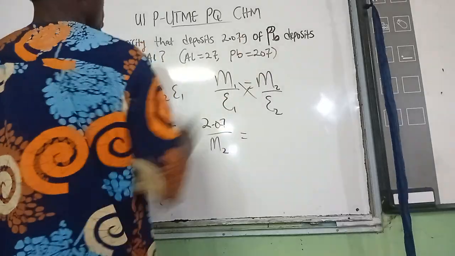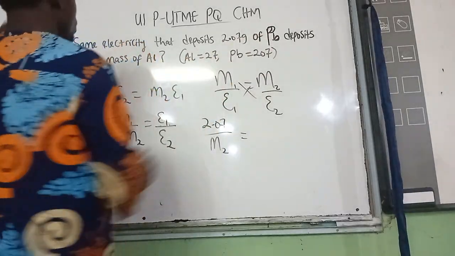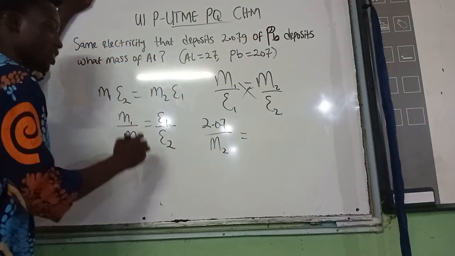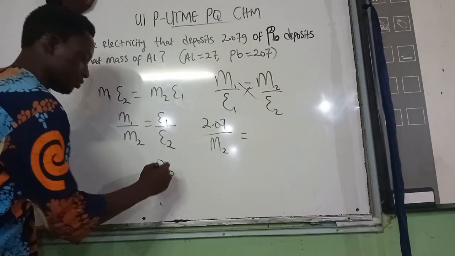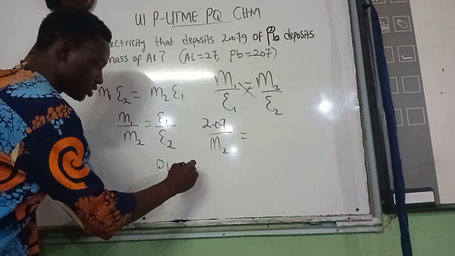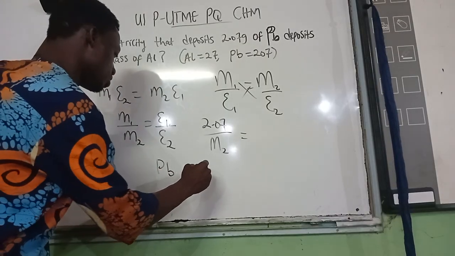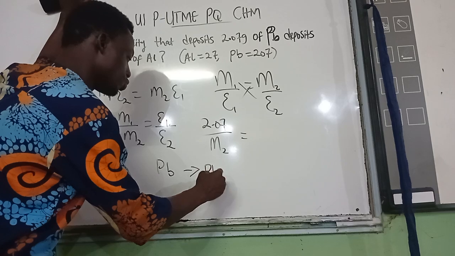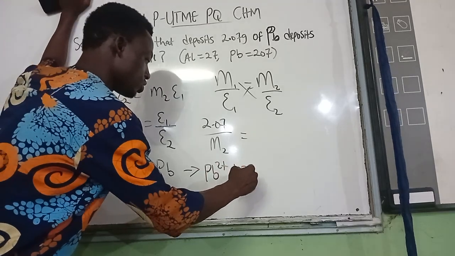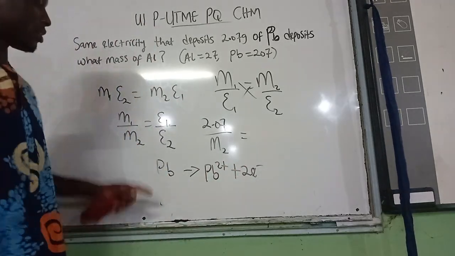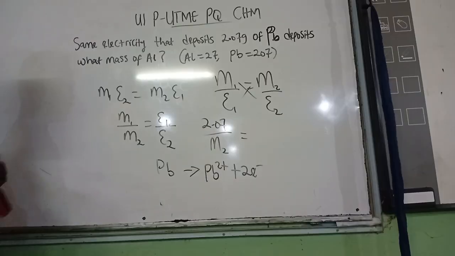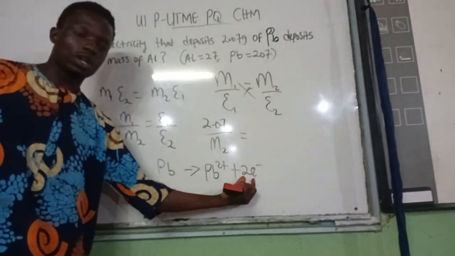Now let's write the half reaction for Pb: Pb gives us Pb2+ plus 2e-. This is the half reaction for lead. That means we have two electrons here.